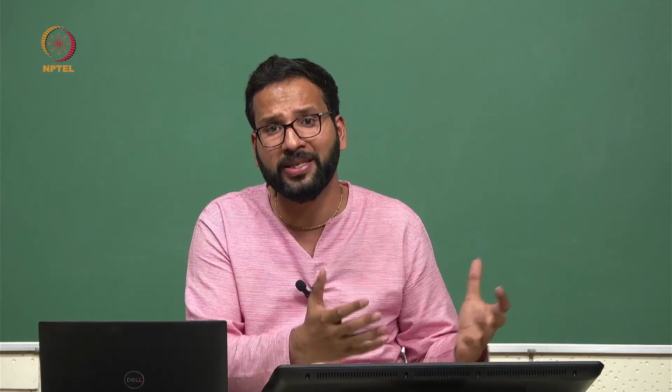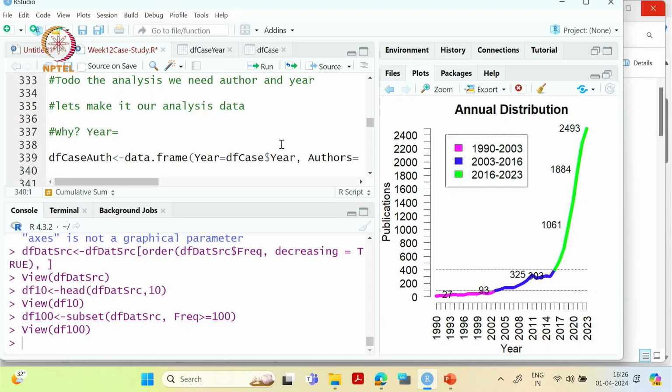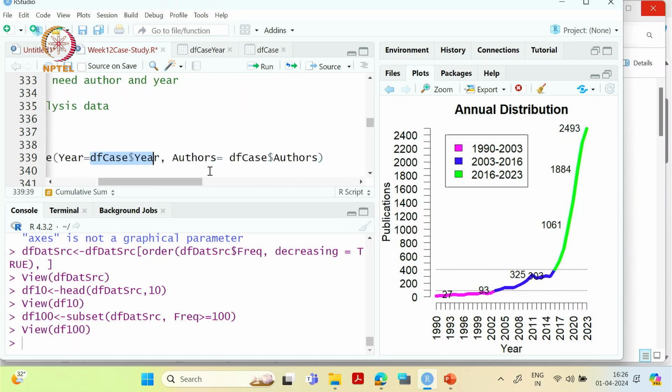Because we need to present the data with respect to the year, we will make another object where we'll have the year column and the author column. So now we'll call it like this: data.frame, year equal to df case year. This is our year data and this is our authors data.